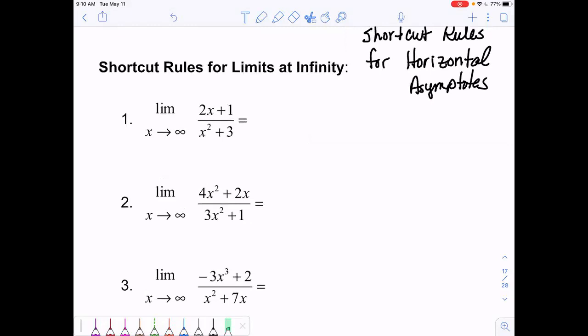Let's look at this function here. So we have 2x plus 1 over x squared plus 3. If the shortcut rules for limits at infinity are directly tied to the horizontal asymptote, does anybody remember one of those horizontal asymptote rules? Thinking about the function that's given, or look at the 3 functions and kind of notice what's going on with those 3 functions.